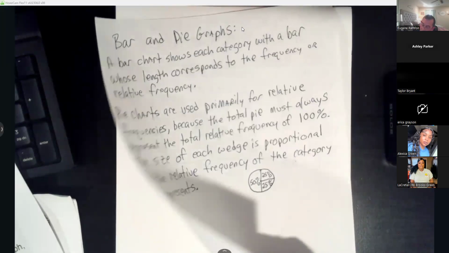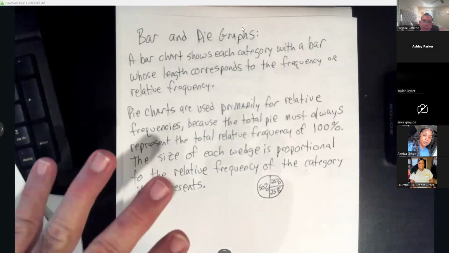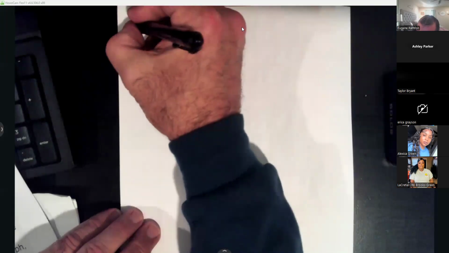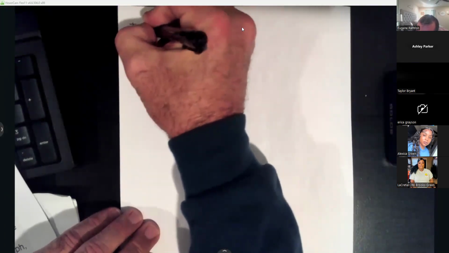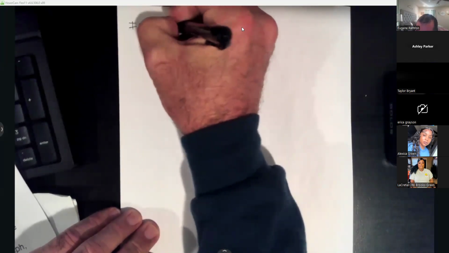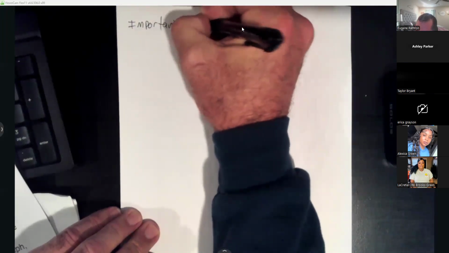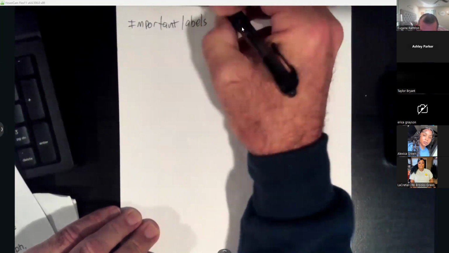Alrighty, y'all, and when you're dealing with charts, there are some important things you want to do with a chart. So let's look at some of the important labels for our graphs.